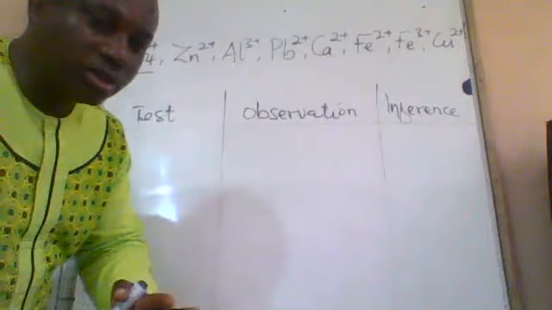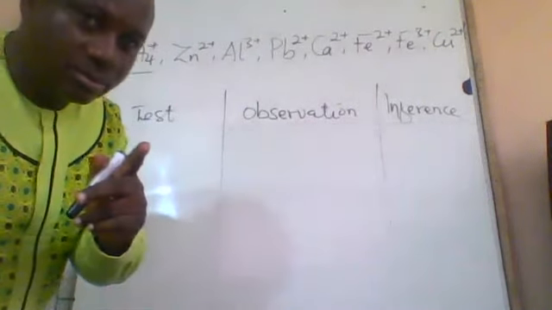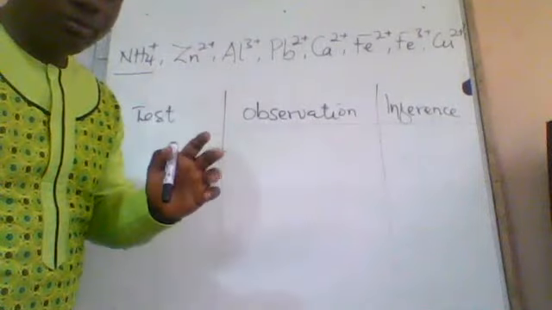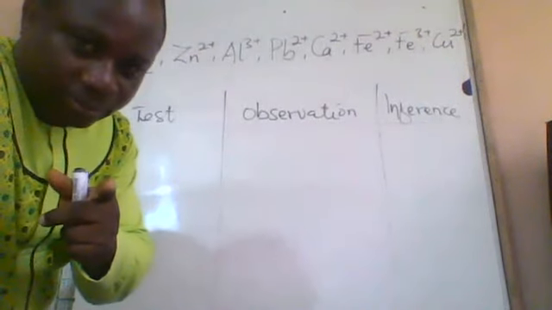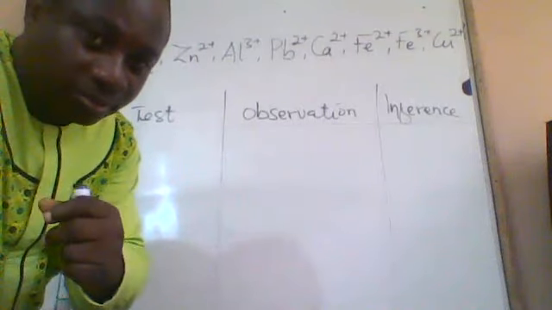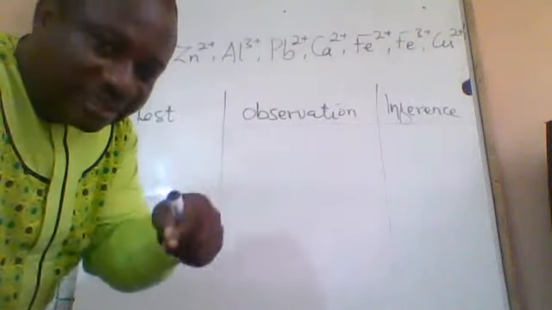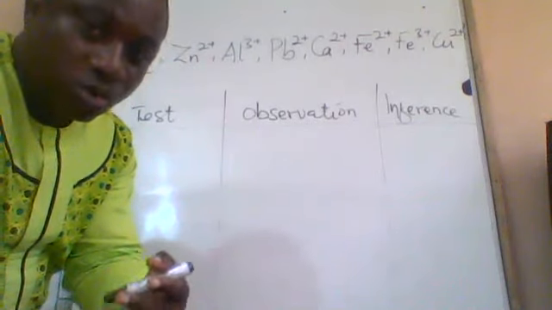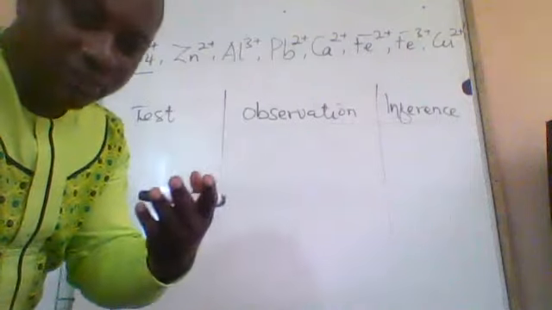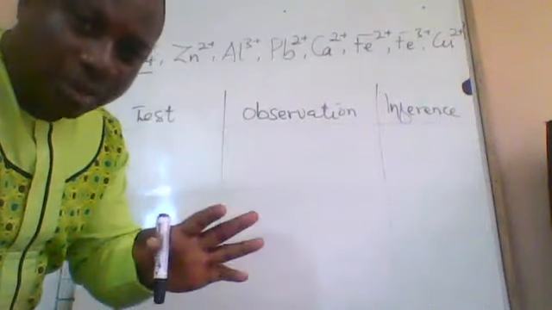The cations do not give off gas except ammonium cation. For ammonium cation, when you add sodium hydroxide solution to the test solution and you warm or heat, ammonia gas is evolved. Ammonia gas will come out.